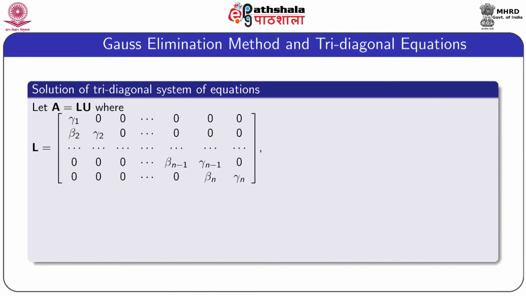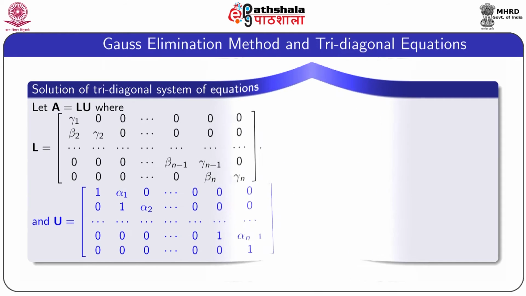Now we apply the LU decomposition method to solve the tridiagonal system of equations. For this purpose, we consider A equal to L into U, where L and U are the lower and upper triangular matrices. For this problem, we consider L equal to this type of matrix whose main diagonal is gamma 1, gamma 2 up to gamma n, and the lower diagonal contains the elements beta 2, beta 3 up to beta n, and all other elements of this matrix are 0.